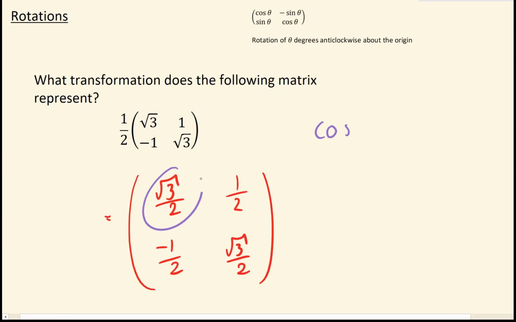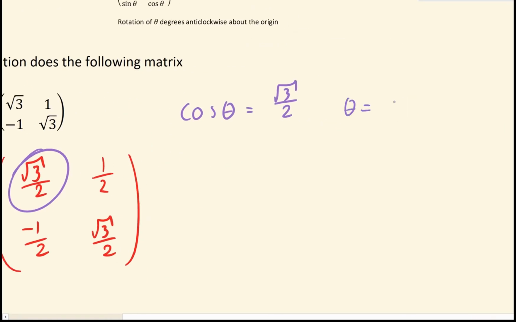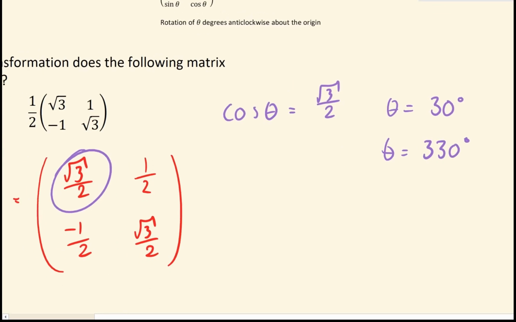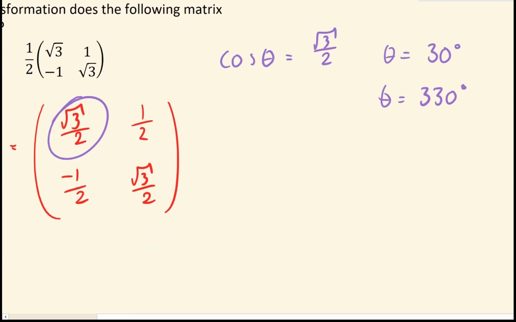So let's have a look at a couple of them. Looking at my top left entry, I know that cos theta wants to be root 3 over 2. And this has one of two solutions. Either theta can be 30 degrees, because cos of 30 is root 3 over 2, or theta could be 330 degrees. We can work out which one it's going to be by looking at a sine coordinate.